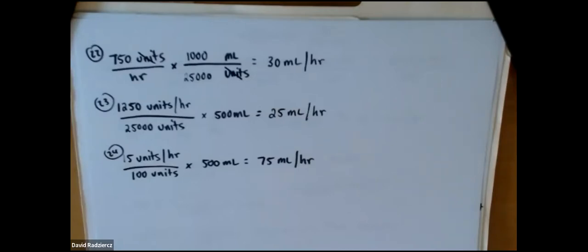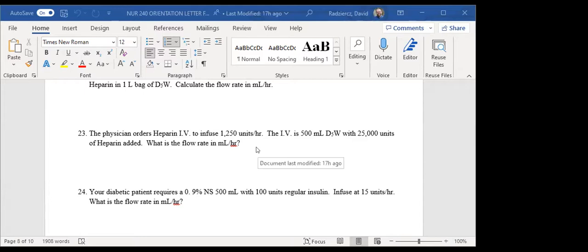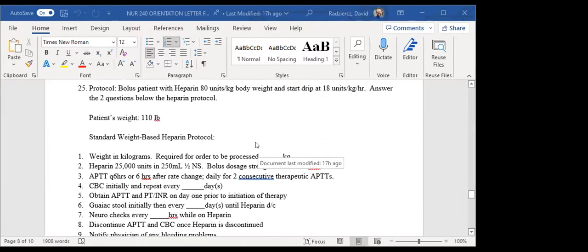So for 25, you saw the heparin protocol for the first time last semester. Let me just bring it up here so I can show you a few things as a reminder. A couple things about the bolus and the heparin protocol. A lot of the stuff's repeated.